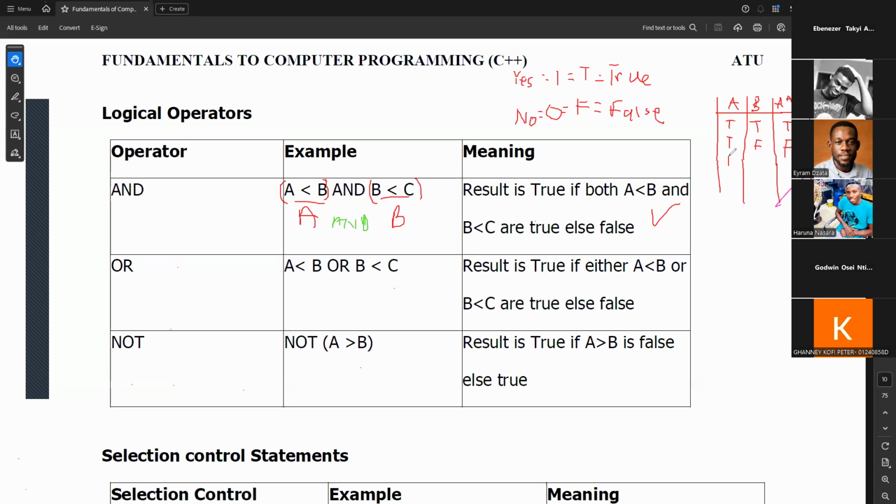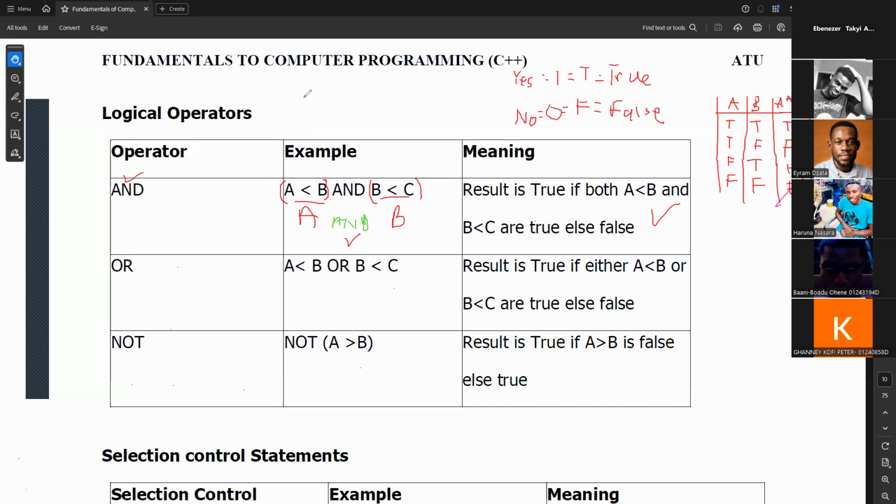If A is false and B happens to be true, at least one of them is false, so it is false. And finally, if A is false and B is also false, then the entire statement is false. So that's how the AND operator works.